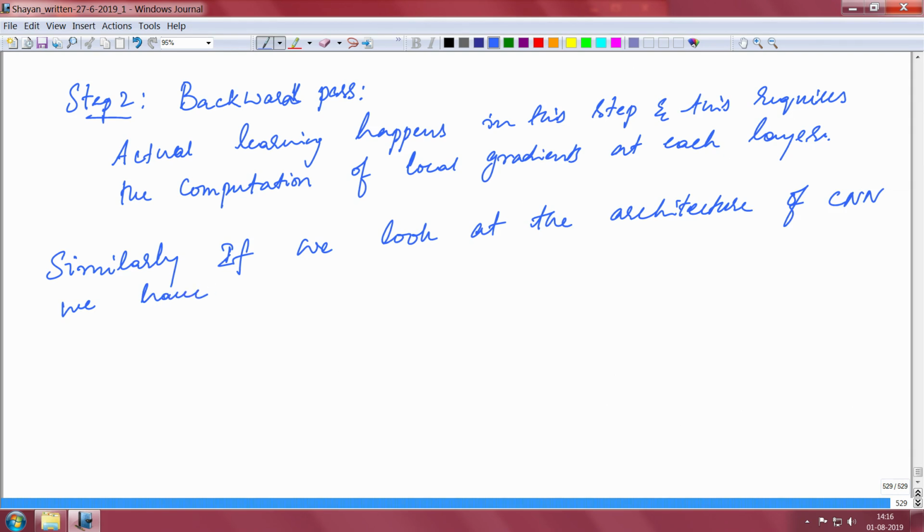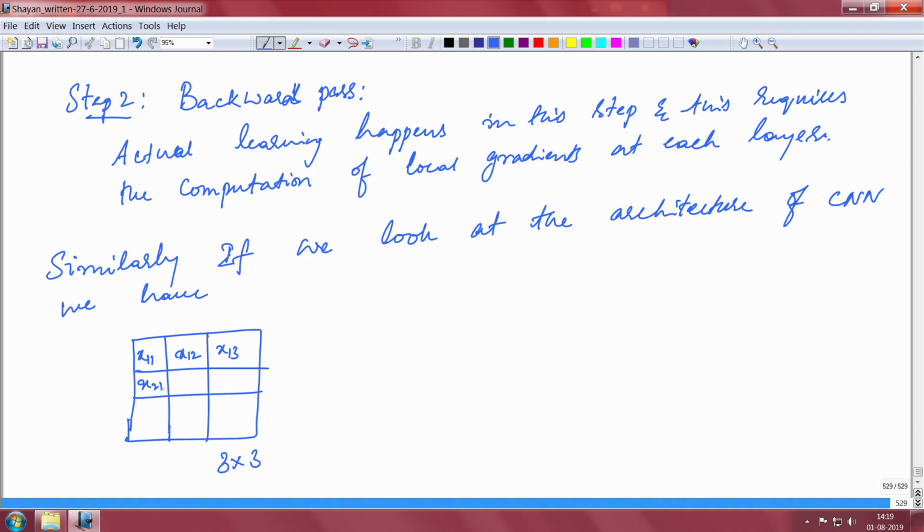Now, if you look at the architecture of CNN, we have at the input side, let us say an image of size 3 cross 3. In general, it could be an image of size n by n. So, here as an example I have considered 3 by 3 image. Let the pixel value of this image be x11, x12, x13 and so on. Now, this is the input.